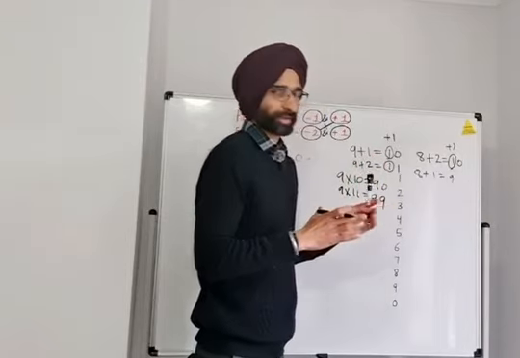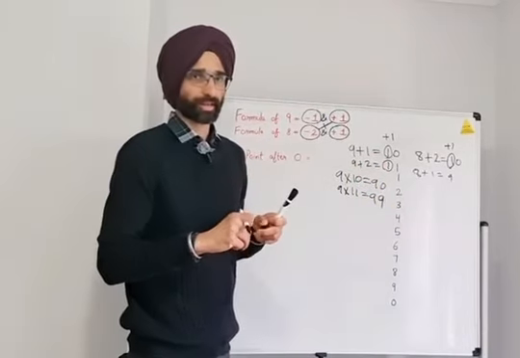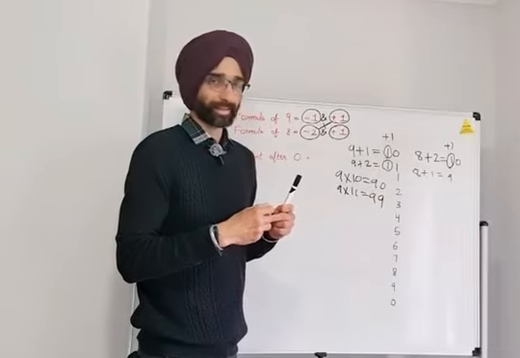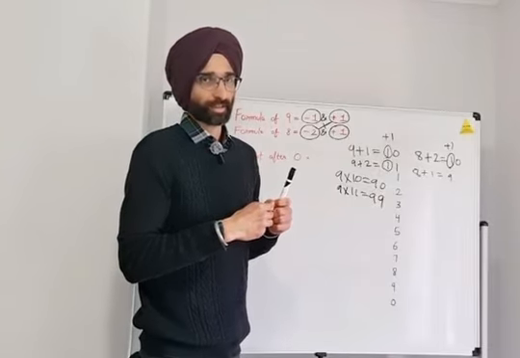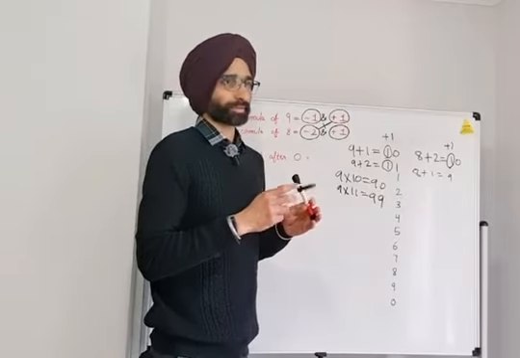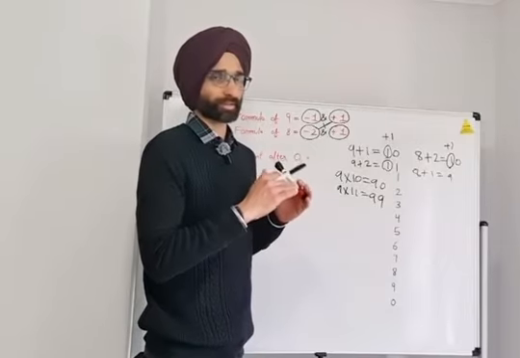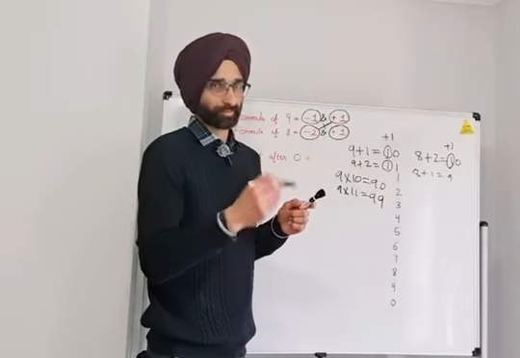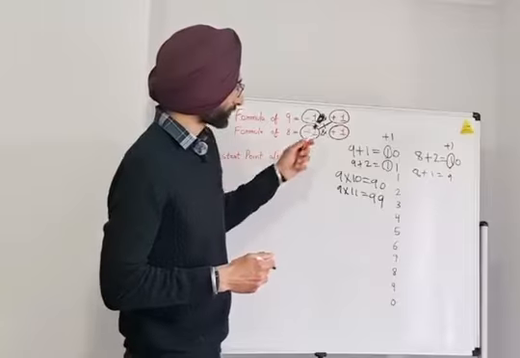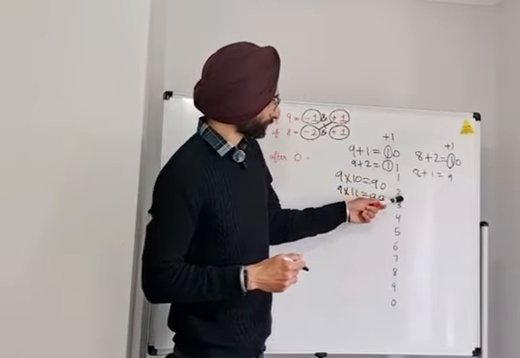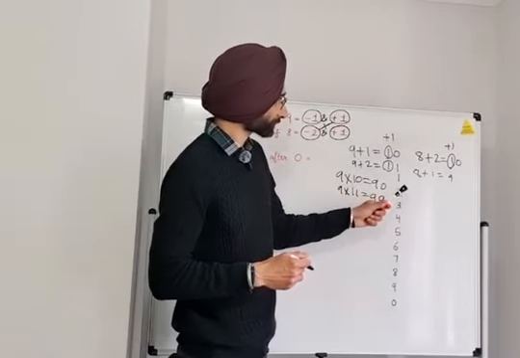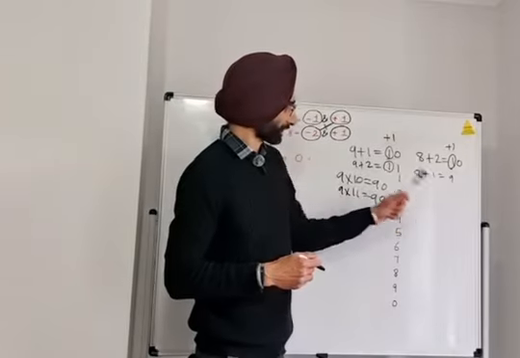In the table of 8, there will never ever be an answer ending with 1, because in the even number tables, the answer will always end in an even number. And the lowest even number we've got is 2, and 2 plus 8 is 10.